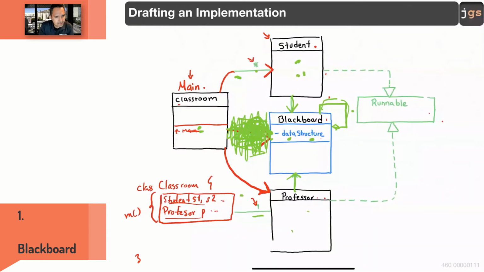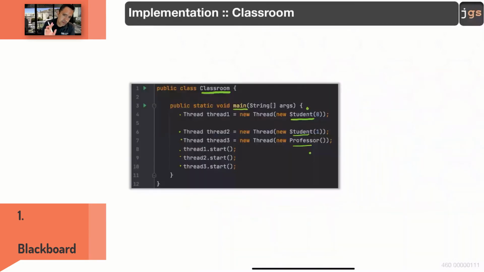This is the class diagram that we started drafting, but this is the implementation. And this is the implementation because this is what I need to do when I work with threads. Question in your exam: if I give you this source code, can you help me to create the class diagram that represents this source code?